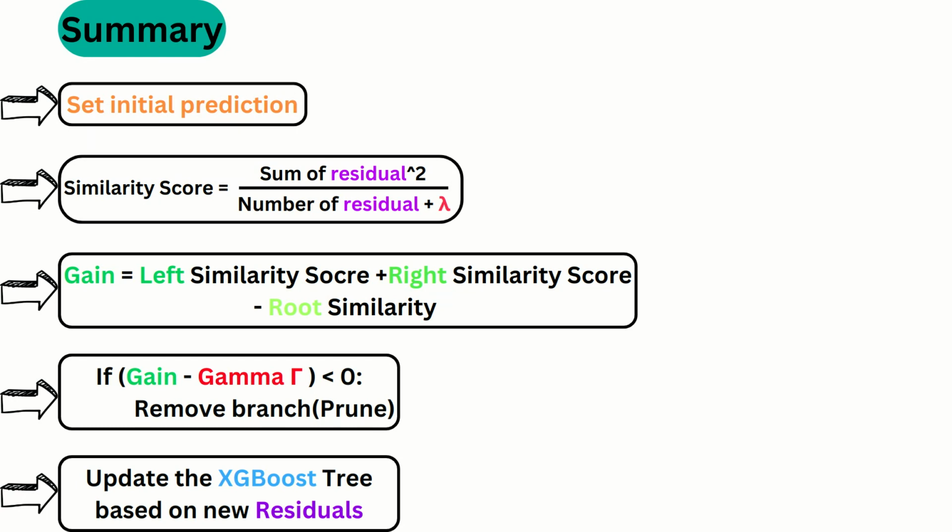This involves incorporating the learning rate and the output of previous XGBoost tree. By following these steps, we can effectively construct and update an XGBoost tree for regression tasks, enhancing the accuracy of our prediction.